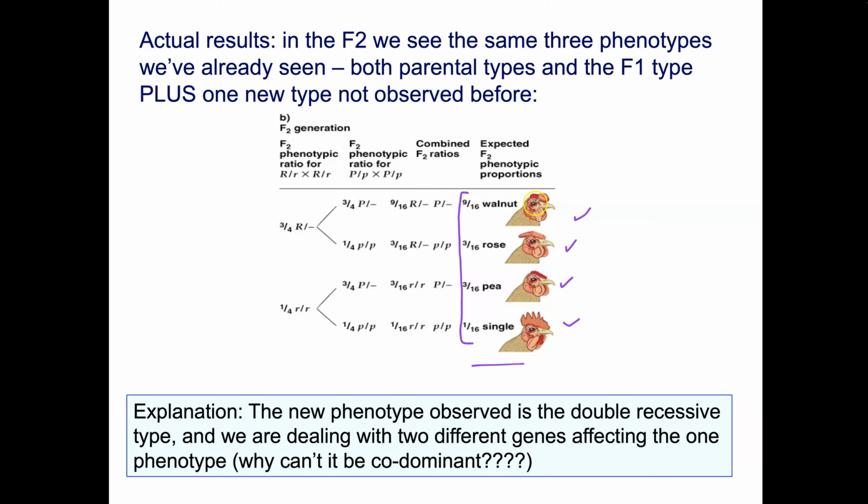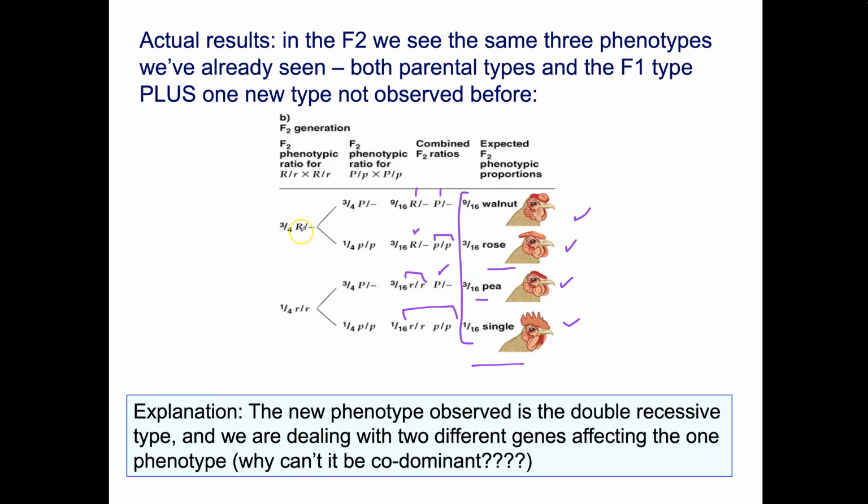So an individual with the walnut comb has the dominant alleles for both genes. The rose comb, they are mutant for one of the genes but wild type for the other. The pea comb, they're mutant for the other gene but wild type for the first one. And the single comb is mutant for both of those genes.